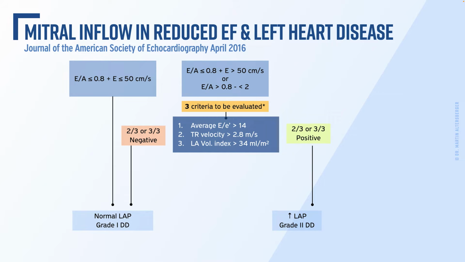The cutoff for the E to E prime ratio is 14. It's an average of the medial and the lateral mitral valve annulus. And if it's above 14, it's positive. The TR velocity above 2.8 meters per second is also positive. And the left atrial volumetric index above 34 milliliters per square meter is also positive. Now let's go to the left side, when we have 2 of 3 or 3 of 3 negative.